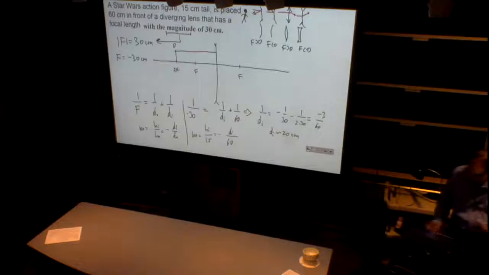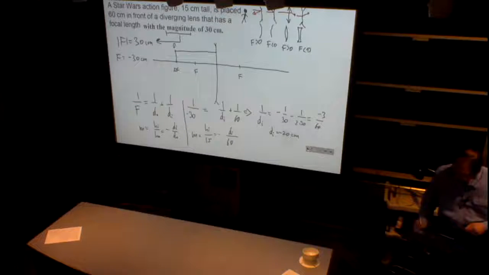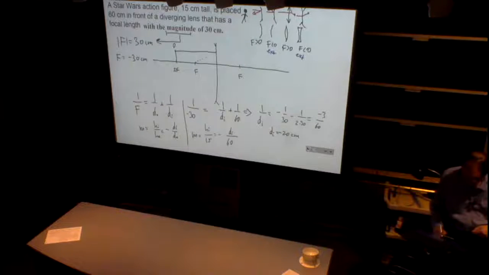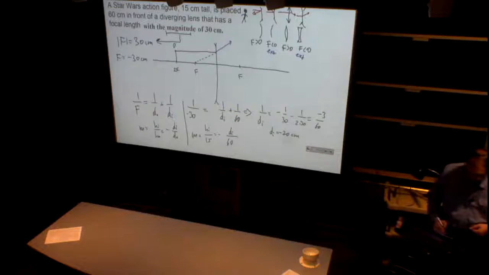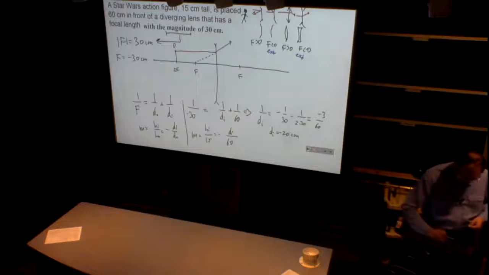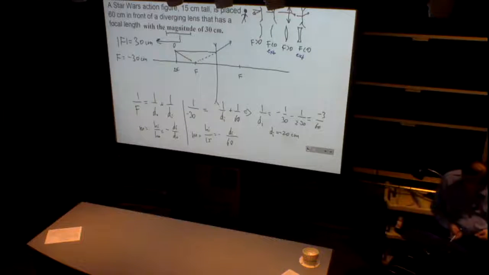So in that case, we have to use extensions first, and then we can draw an actual ray. Its extension should travel through the focal point. And now we can draw a second ray. Oops. The second should go through the middle point, through the center.